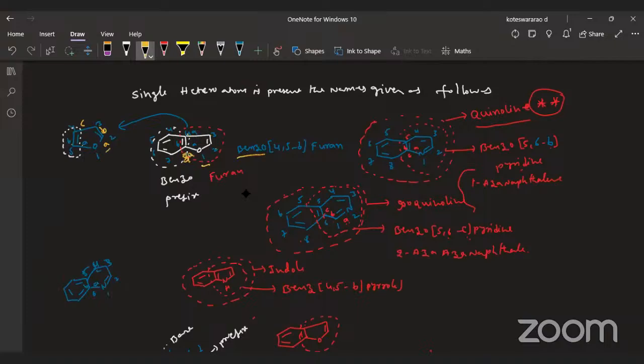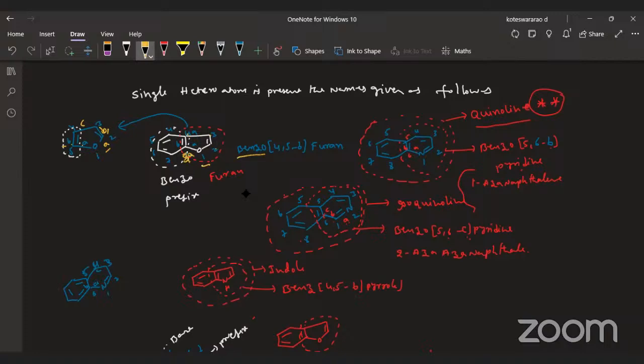Whenever we are labeling with these alphabets, we are finding three kinds of linkages in the bonds in heterocyclic compounds. Now, naming this benzofuran, I am labeling this bond with A and this bond with B. Now the fused bond is the B bond, the bond between positions 1 and 5.